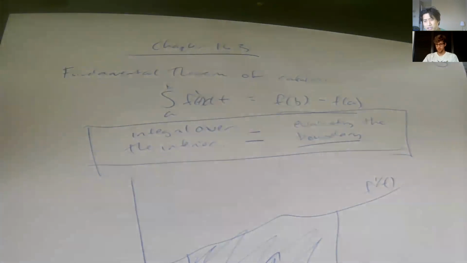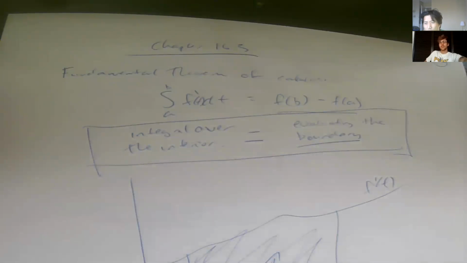So in higher dimensions, what operation describes the derivative? That's a question to you guys. What describes the derivative of a function in higher dimensions now? Like dx dt or?